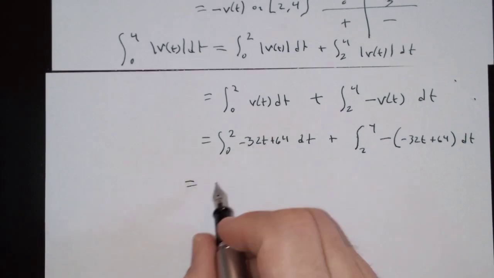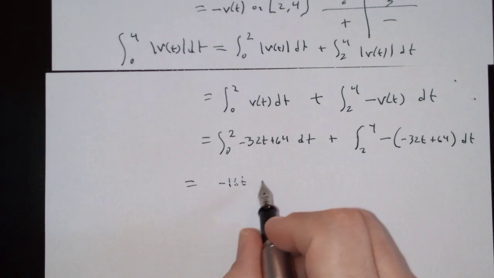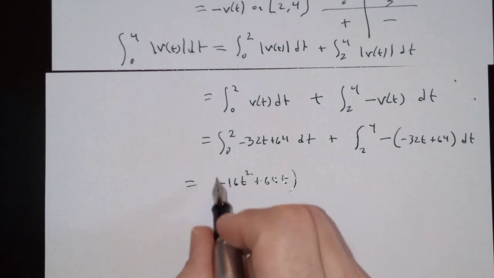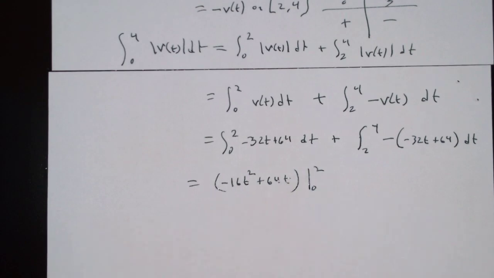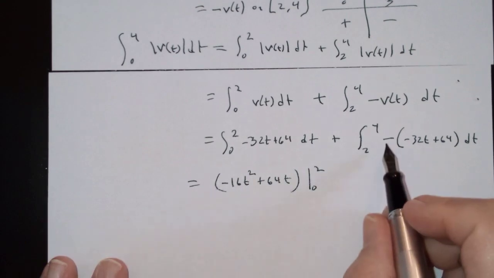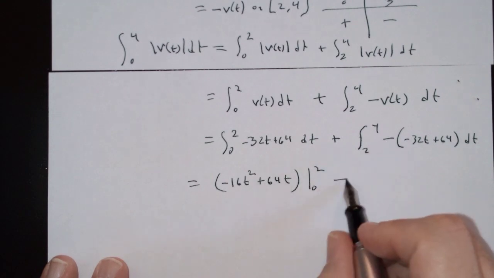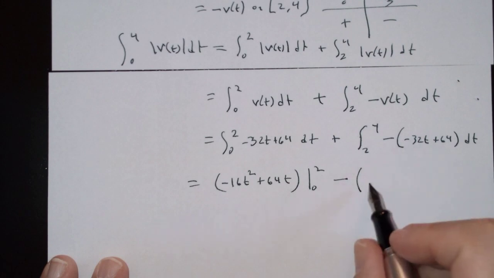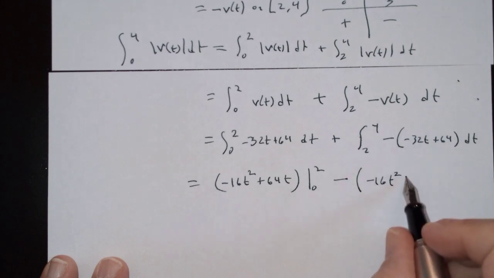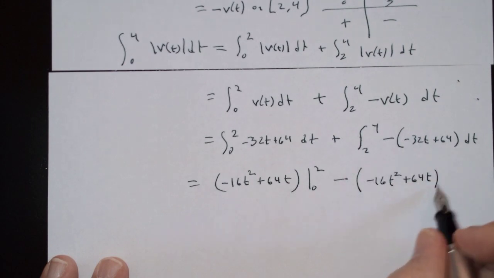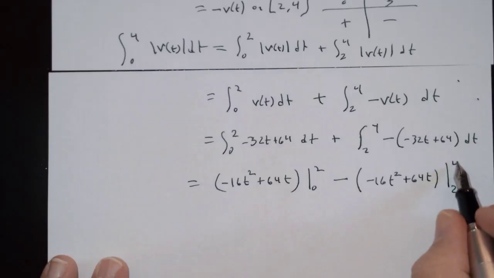This is going to give me negative 16t squared plus 64t from 0 to 2. I'm going to take this minus sign and pull it out front. Negative 16t squared plus 64t from 2 to 4.